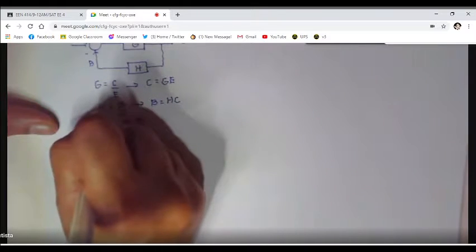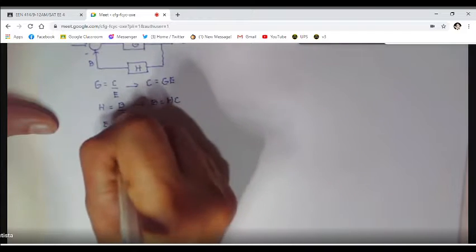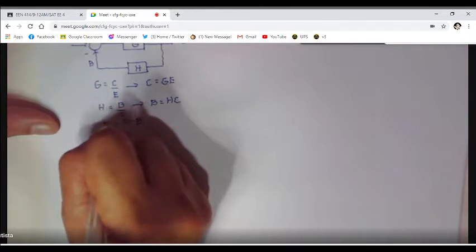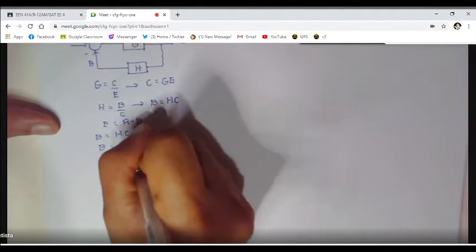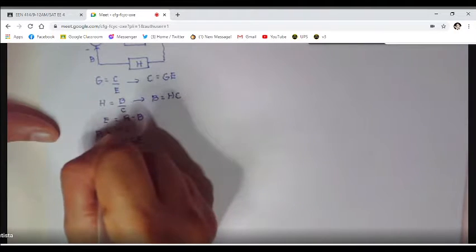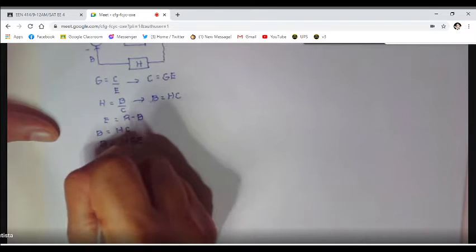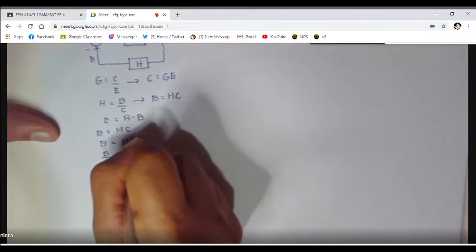Okay? Now B, that is equal to HC, okay? But what is the value of C? So B is equal to H multiplied by GE. Okay? So therefore, you have B all over E that is equal to GH.